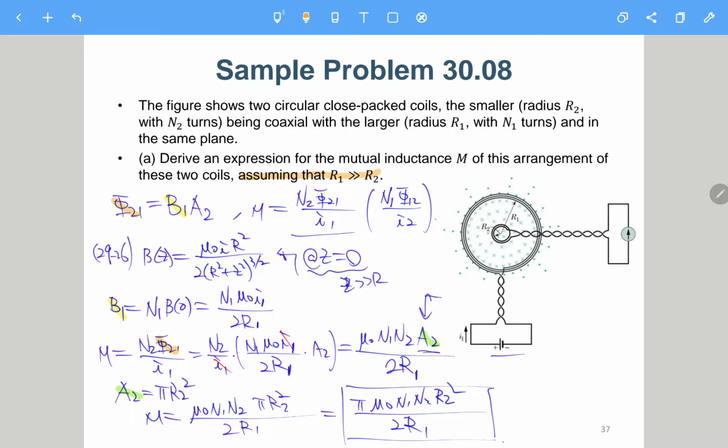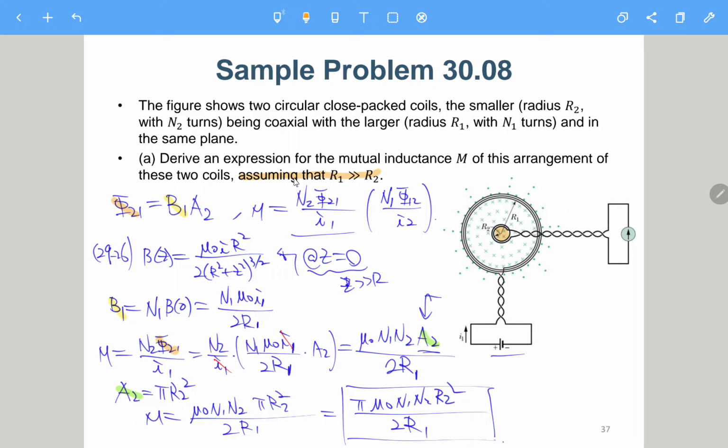Where we make the approximation is really here. Actually the B field generated here is not uniform. This expression is only for the central axis, which means exactly at the center point.